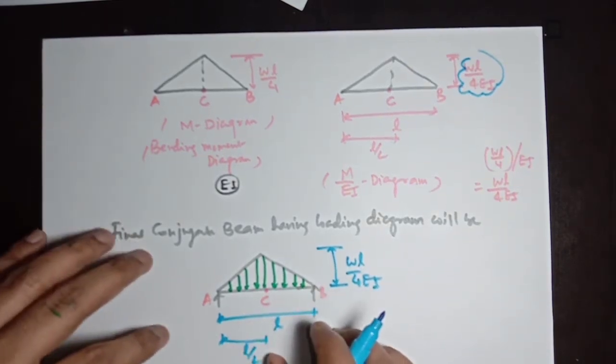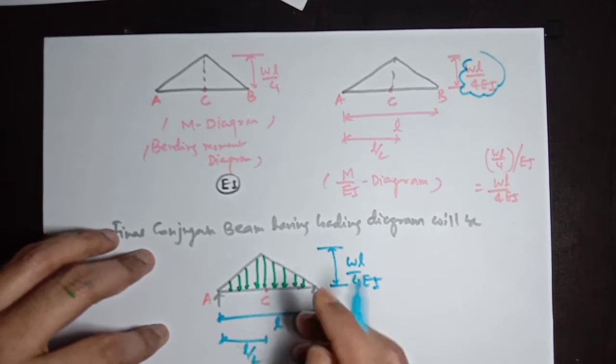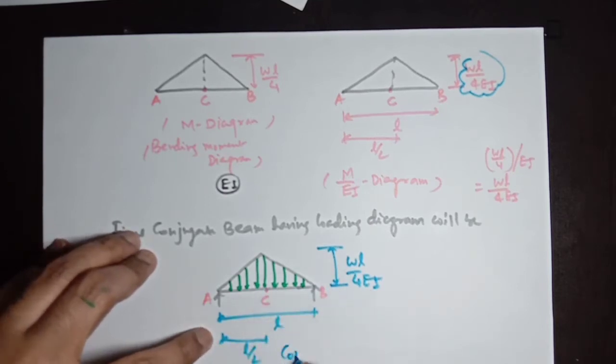So we can find the bending moment at C of this conjugate beam. This is the final conjugate beam with loading diagram.